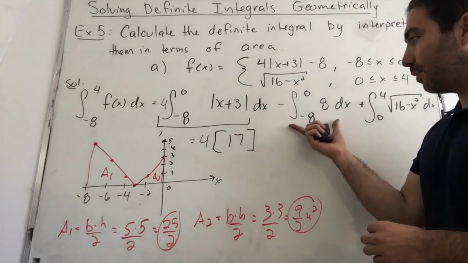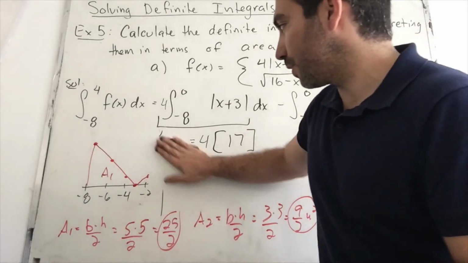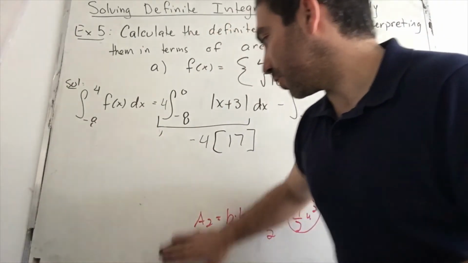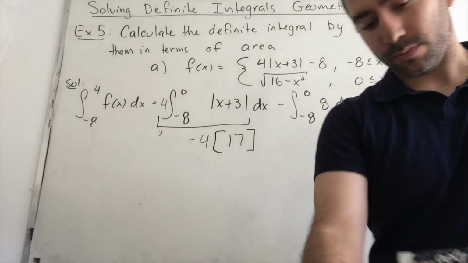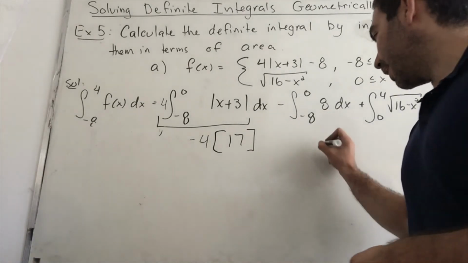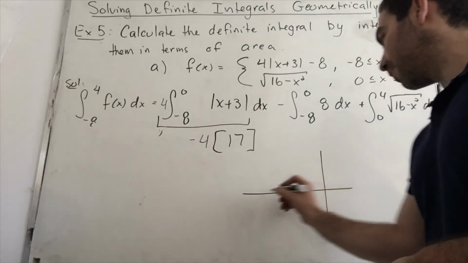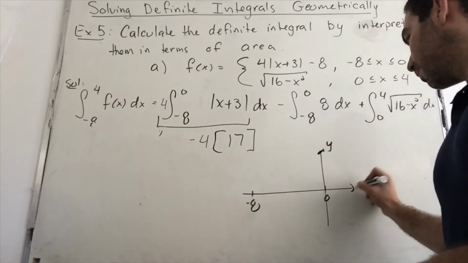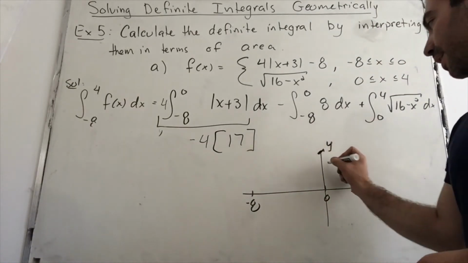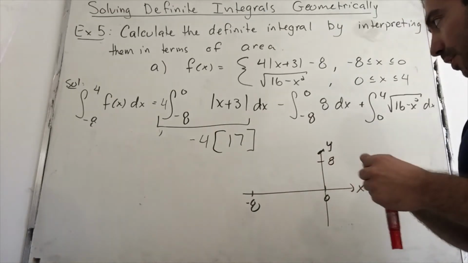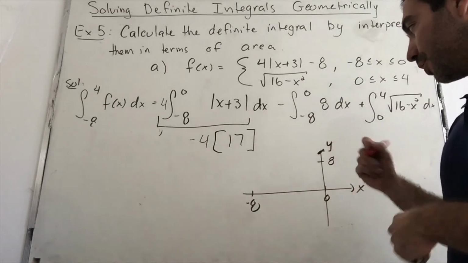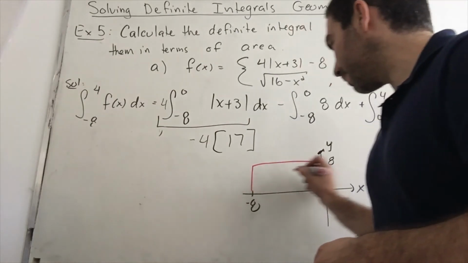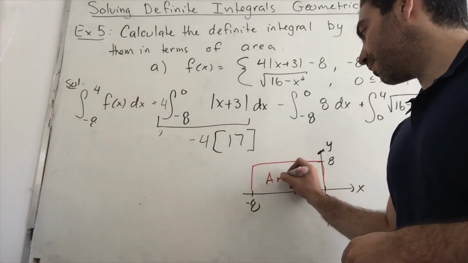The next piece that we're dealing with is this region here. So let's erase this function, just to give myself some room. What do we have? Again, we're on the same interval from -8 to 0. And the constant's at 8. So it's not drawn to scale, but a constant we know is just a straight line, giving us a rectangle.